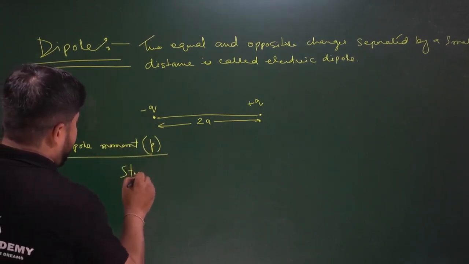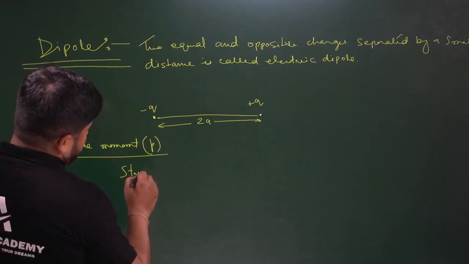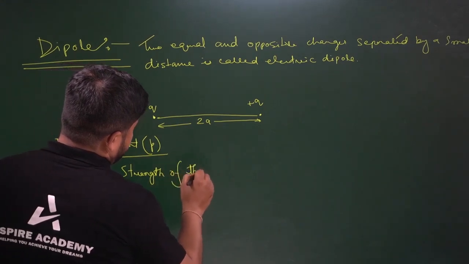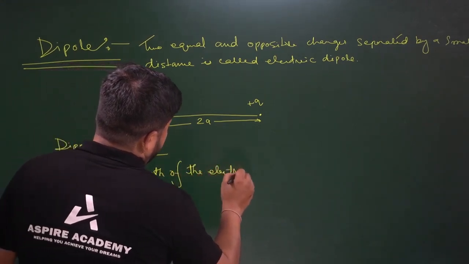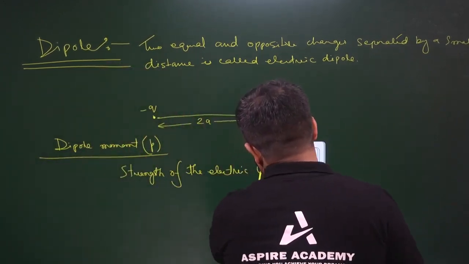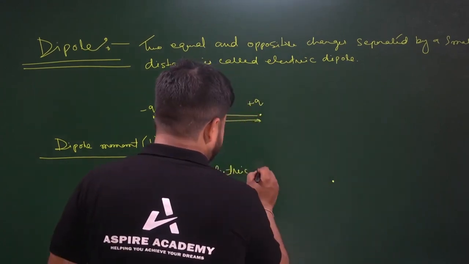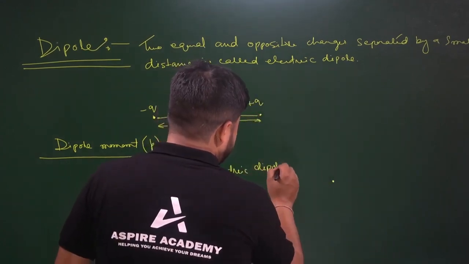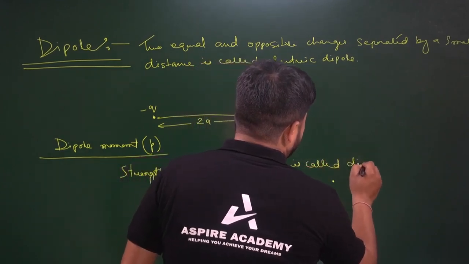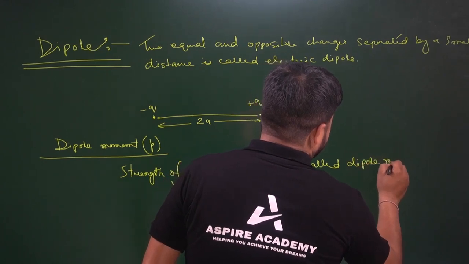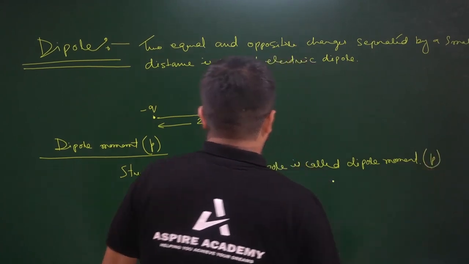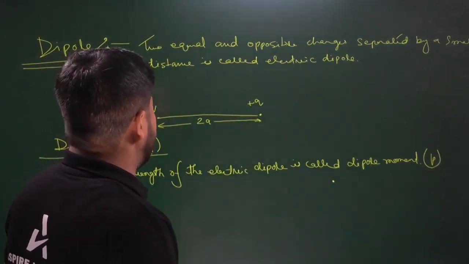The strength of the electric dipole is called the dipole moment, denoted by small letter p.